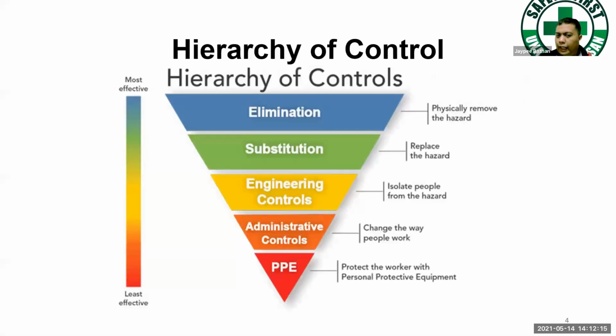Then, what is the hierarchy of control? Hierarchy of controls: first, elimination, where the hazard is physically removed; substitution, where we replace the hazard; engineering controls, which isolate people from the hazard; administrative controls, which change the way people work; and PPE, personal protective equipment, to protect the workers.